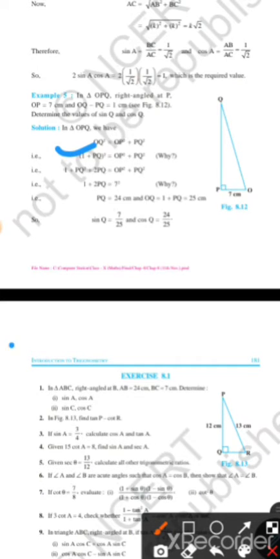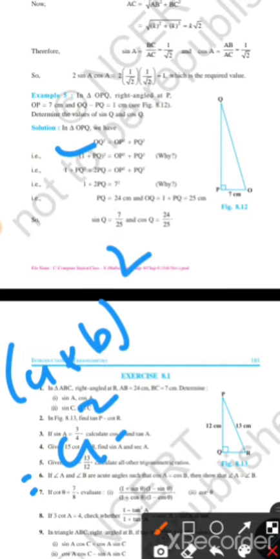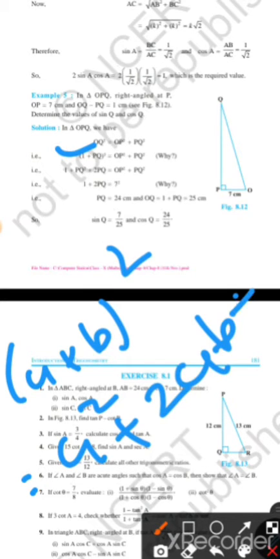What is the formula of (A plus B) whole square? This is A square plus 2AB plus B square.